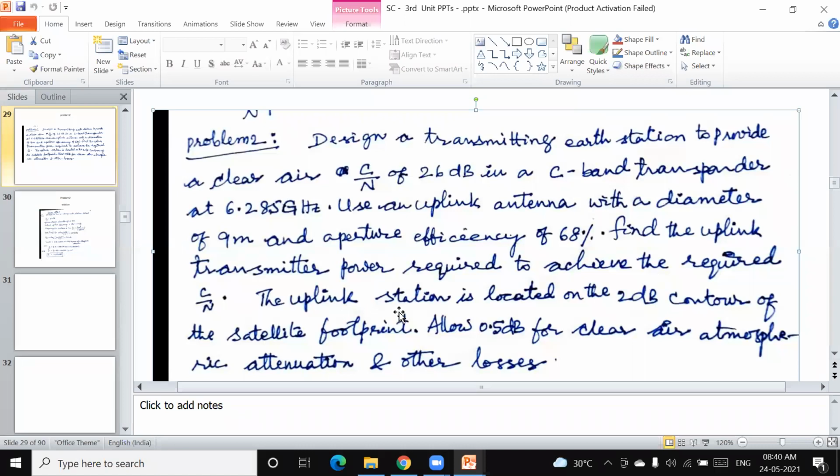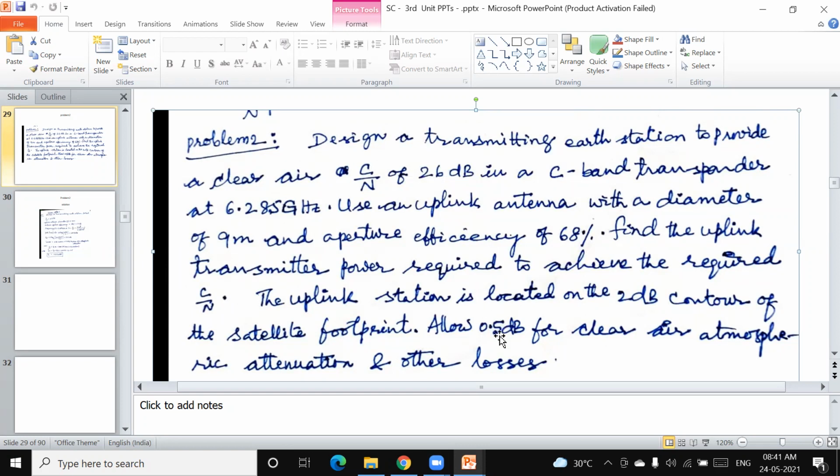The uplink station is located on the 2 dB contour of the satellite footprint, and this 2 dB can be considered as a loss because it is located on this contour of the satellite footprint, and also allow 0.5 dB for clear air, atmospheric attenuation and other losses. So he is asking you to consider some other losses when designing the transmitting earth station to obtain 26 dB.